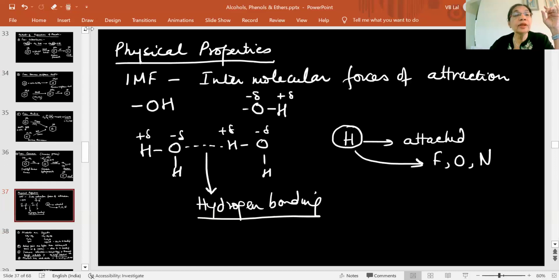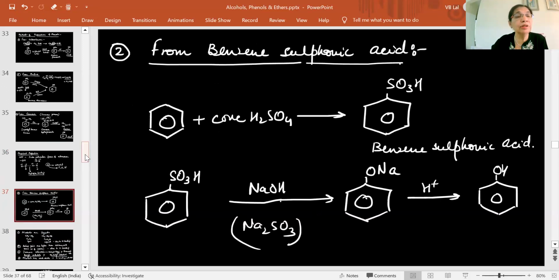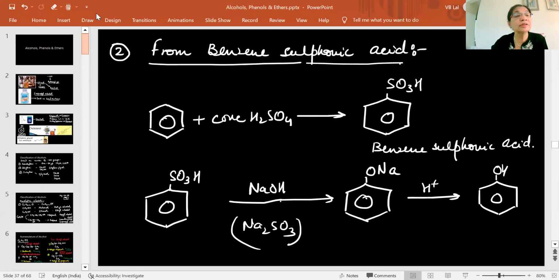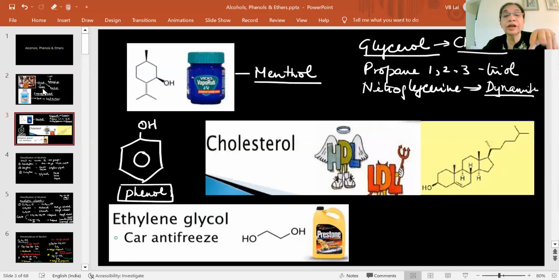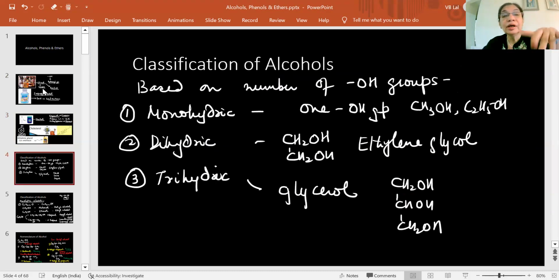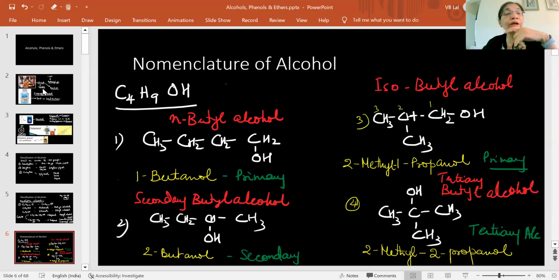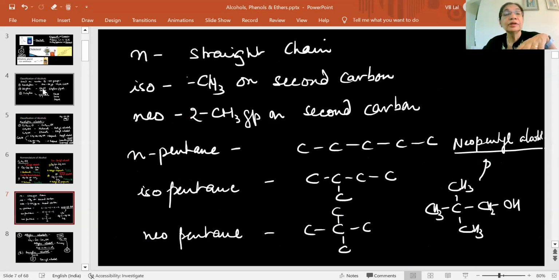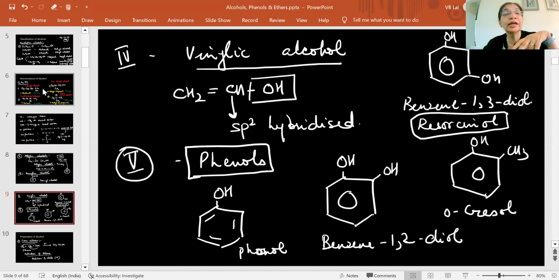So we started with the alcohols. Just see this. We started different types of alcohols, where wherever the word is ending in ol, it is an alcohol. Classification of alcohols we did, then monohydric alcohols, then nomenclature of alcohols, then different types of monohydric alcohols, allylic and benzylic alcohols.